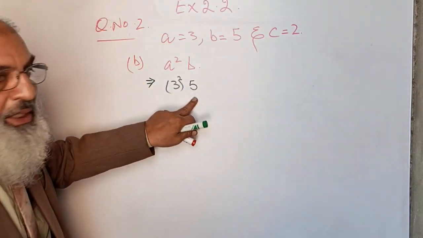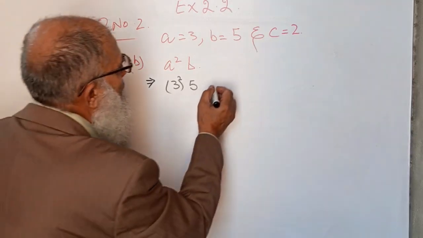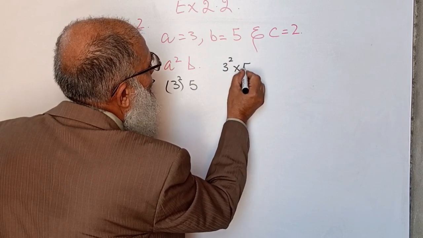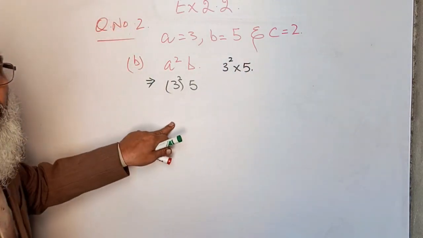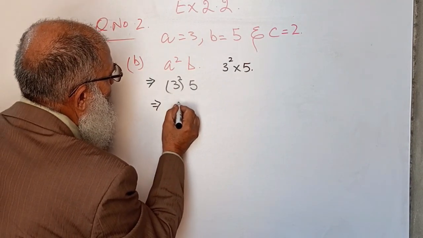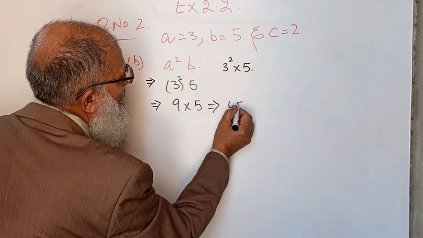When you have written the parenthesis, you need not write the multiplication sign, or you can write 3 multiplied by 5. These both are valid. So it becomes 9 multiplied by 5, which comes to 45.